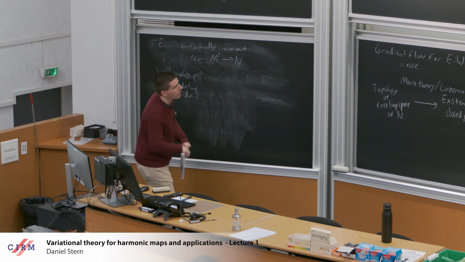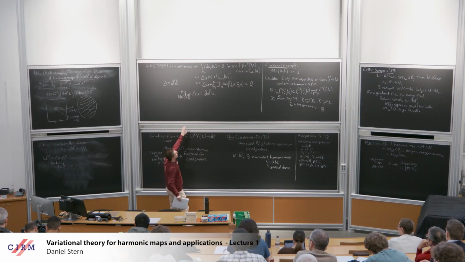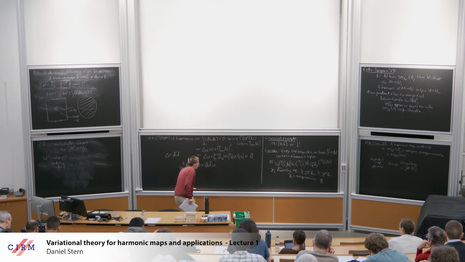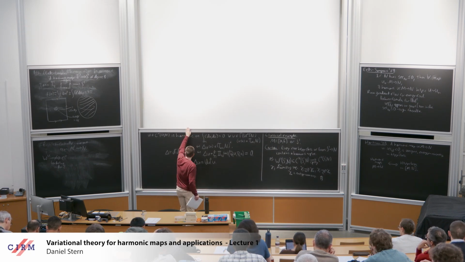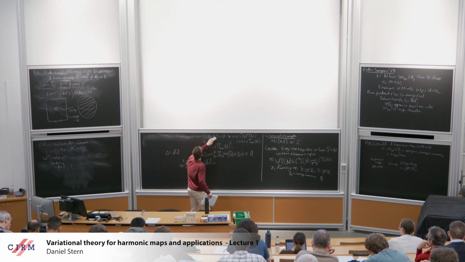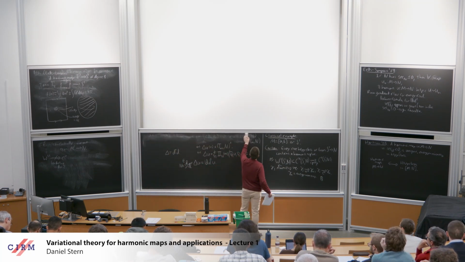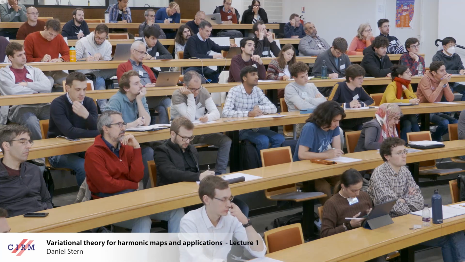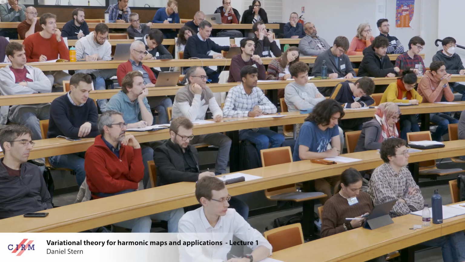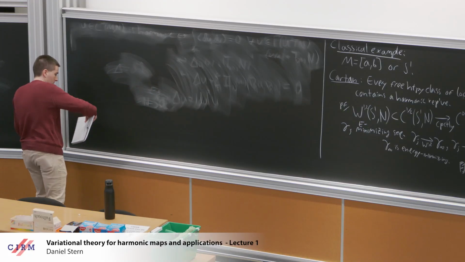Since we're borderline, we can try perturbations that take us just above the border. And so the first people to implement this were Sacks and Uhlenbeck. Okay, so let me remind you of that story.